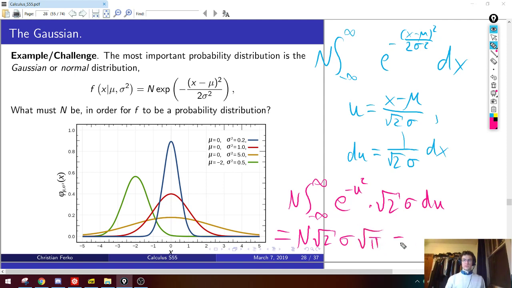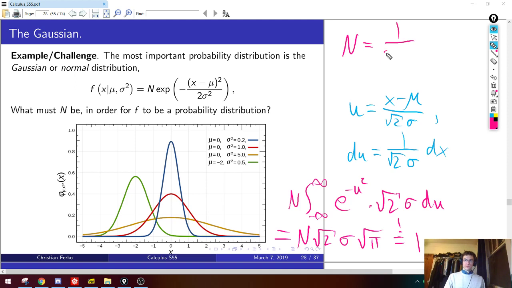Okay, and what must this be equal to for a probability distribution? It must be equal to 1. So, n equals 1 over sigma root 2 pi, with the pi under the root, right?